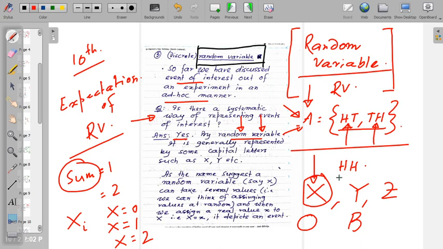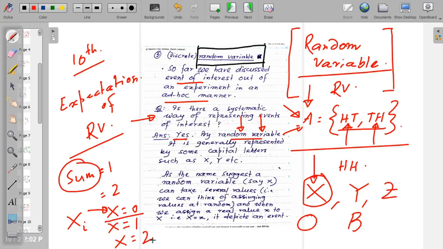Say we are discussing the application of 2 coin flips. With 2 coin flips, we are looking for the number of heads. So X is random because it can take any of these values randomly: 0, 1, 2.